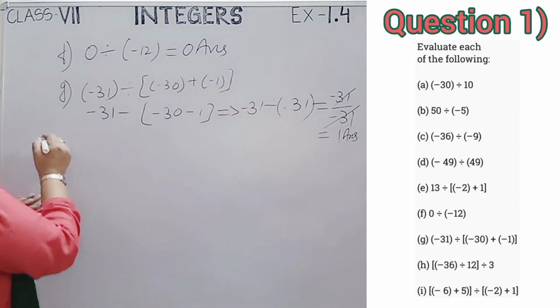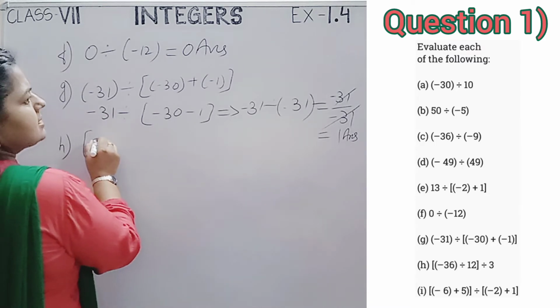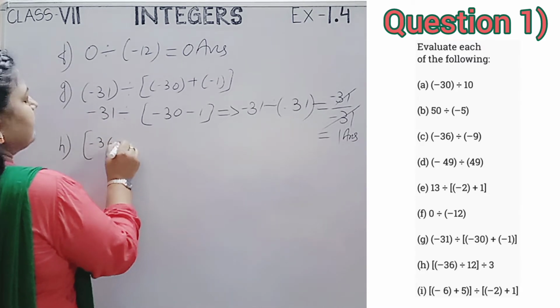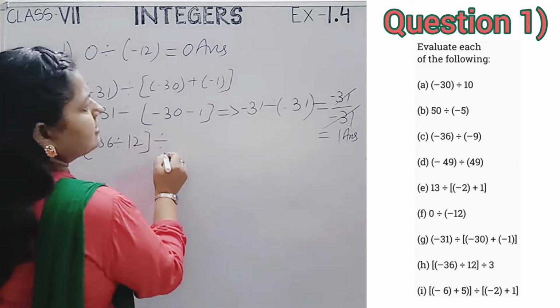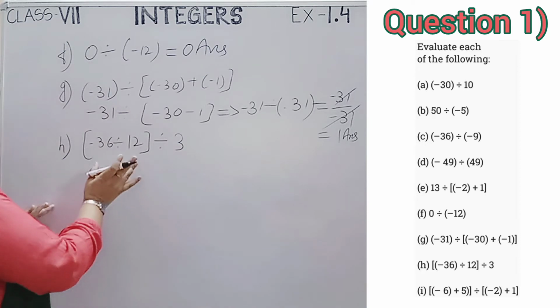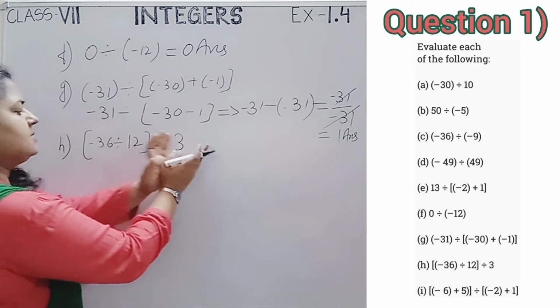Next part, H. H part is minus 36 divided by 12 and divided by 3. So first we will solve this bracket. After that we will come to this and this parts.